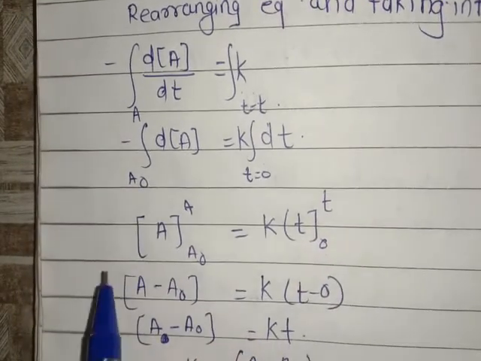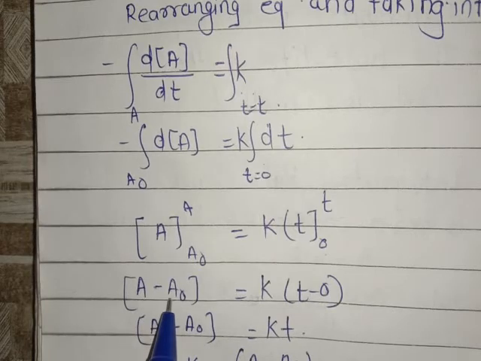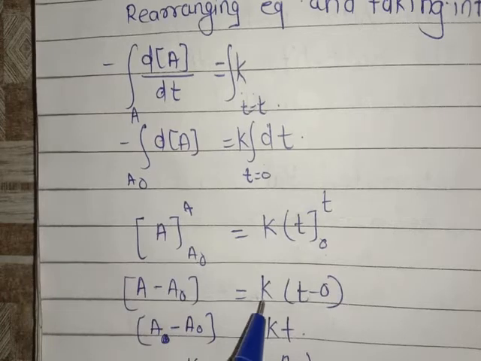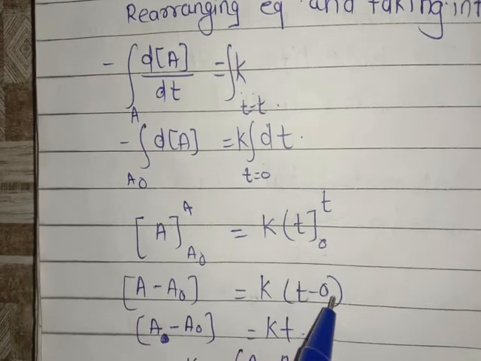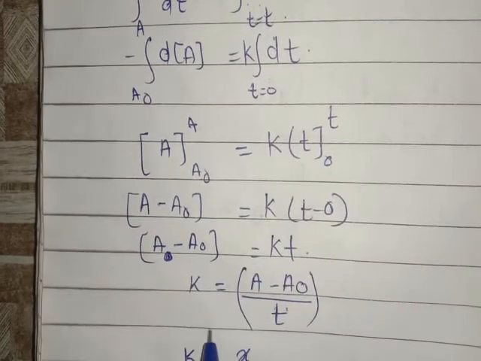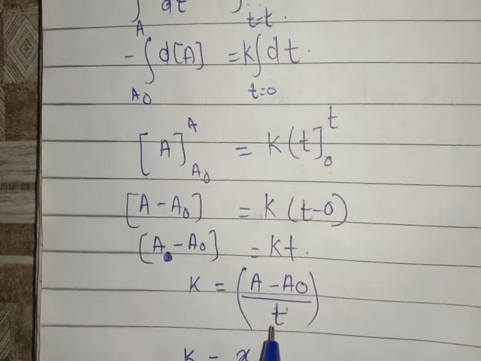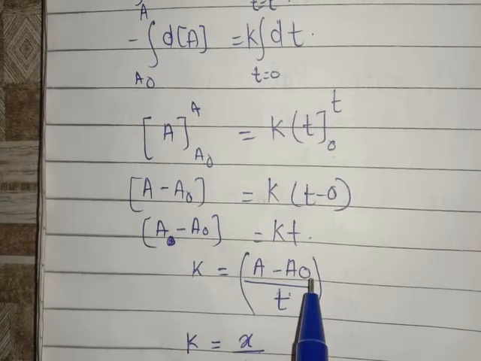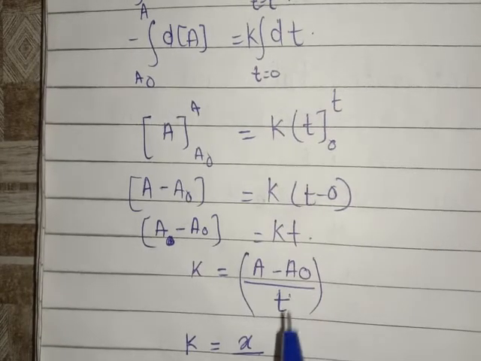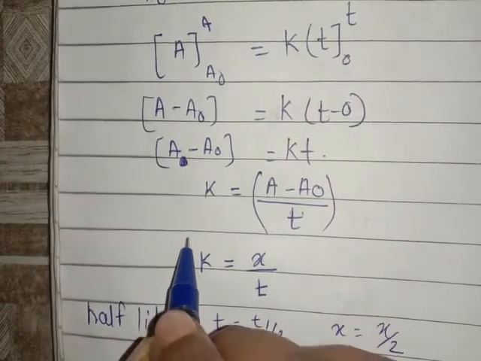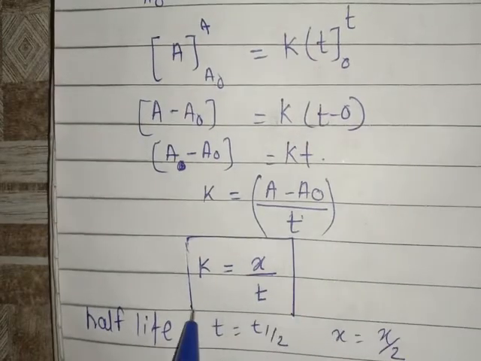According to the integration rules, upper limit minus lower limit, we can write A minus A0 is equal to K into t minus t0. Rearranging this equation, we get K is equal to A minus A0 upon t. Now this A minus A0 can be replaced by the term X. So we have the last term as K is equal to X upon t.